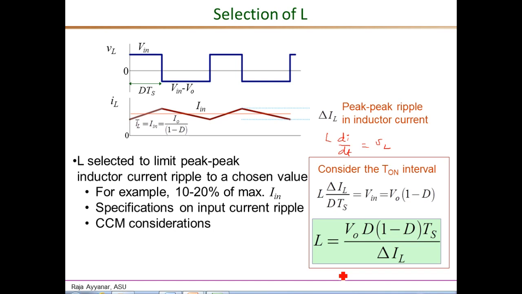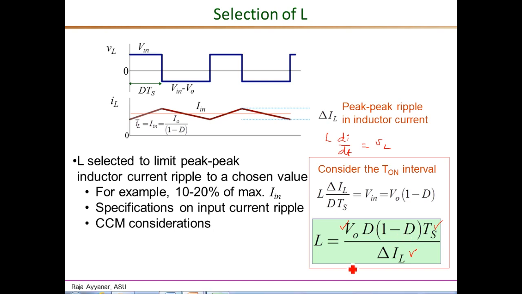Now that is the required value of L, and if you look at this expression, VO is a constant and Ts, 1 over the switching frequency, is also a constant. Delta IL has been chosen. So the D and the 1 minus D terms are variable. They vary with the input voltage. Depending on the operating condition, the D can be very different.